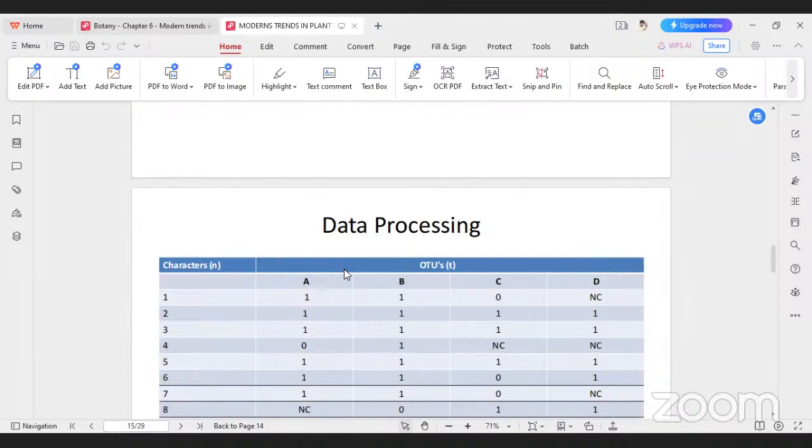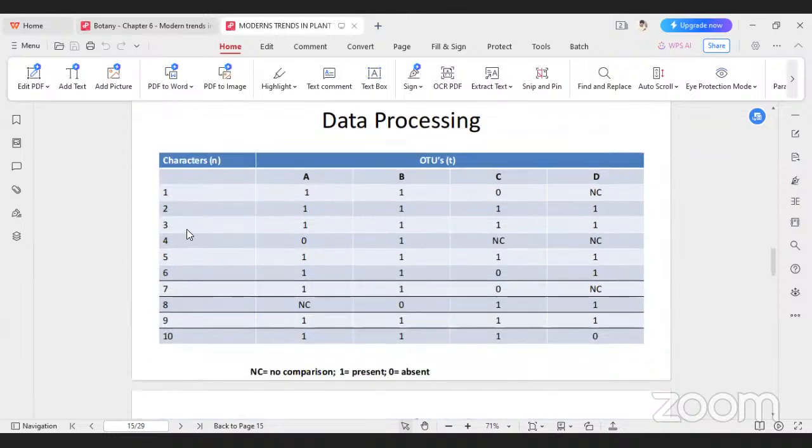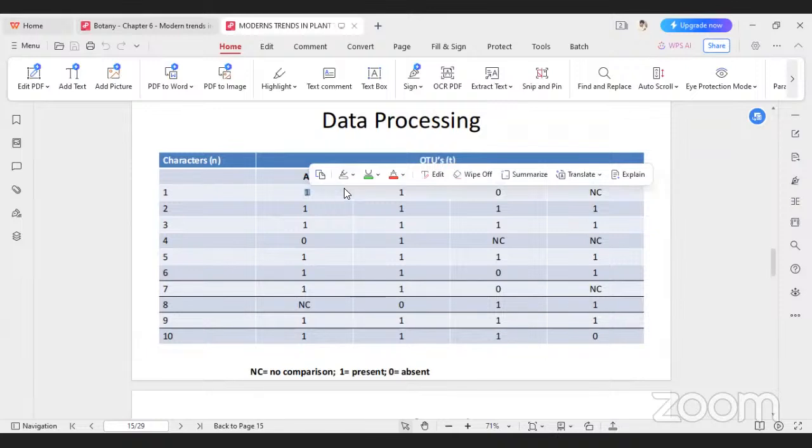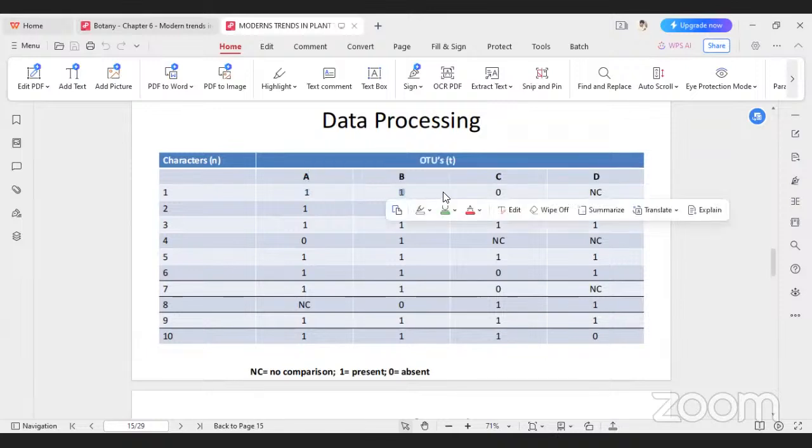Now the data processing. On one side are the given characters, here 10 characters are taken. And these are the taxonomic units A, B, C, D. The first character is present in A, present in B, but absent, 0, in C. And D has a new character that is different.